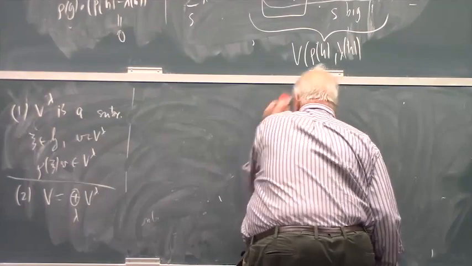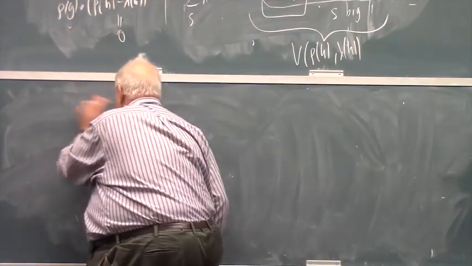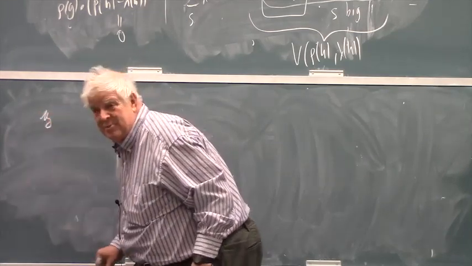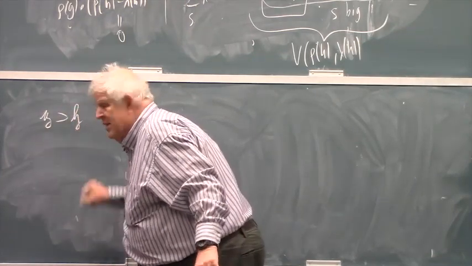And here my setting becomes sort of more sophisticated. I have two Lie algebras. G, some Lie algebra, absolutely arbitrary so far, and H, a subalgebra which is nilpotent.